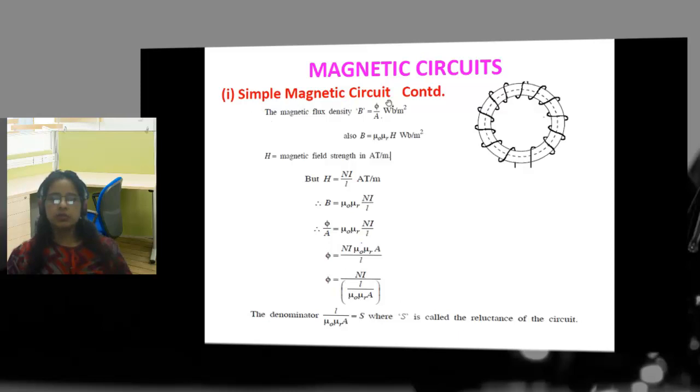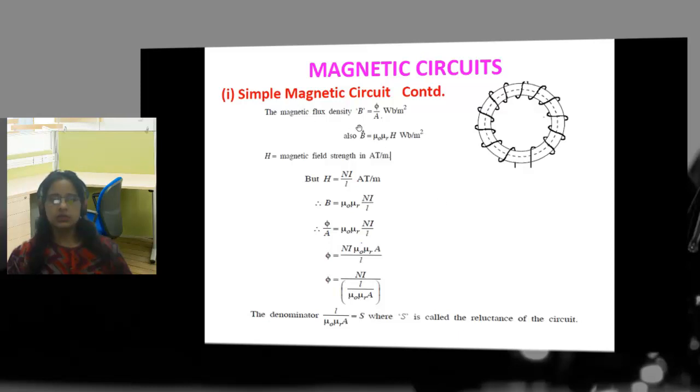So this is a simple magnetic circuit, where only one type of iron ring was there, made up of only one type of material, that is iron, and on this ring coils are wound.